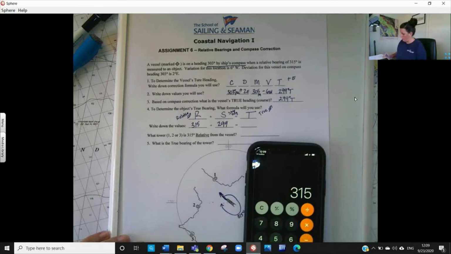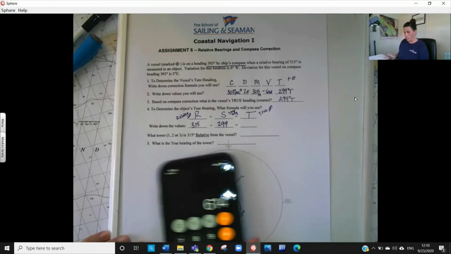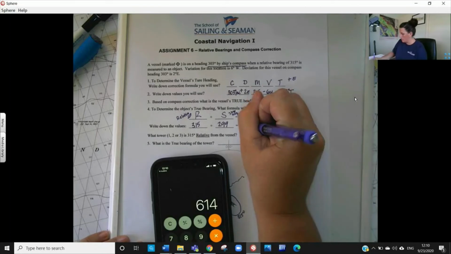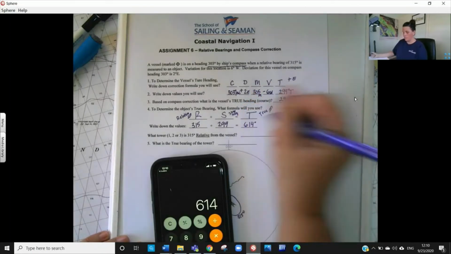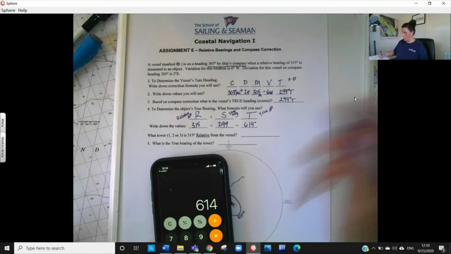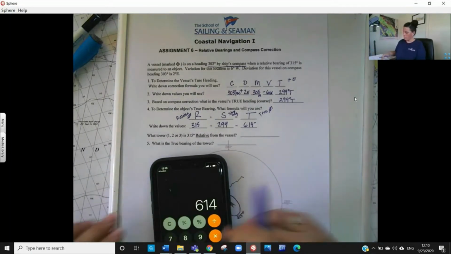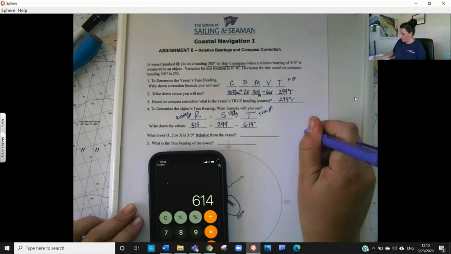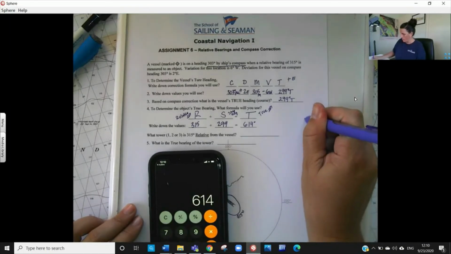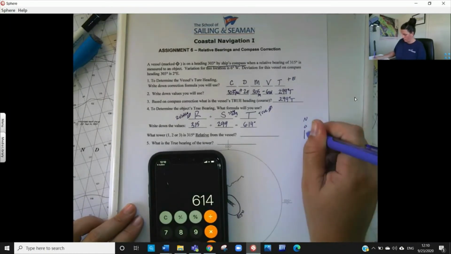315 plus 299 gives me a very large number, 614 degrees. 614 degrees is not on our 0 to 360 scale. So this is saying from true north, right? This is north at 0. We went 614 degrees.